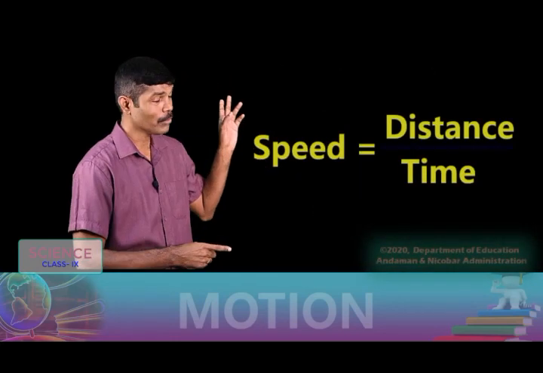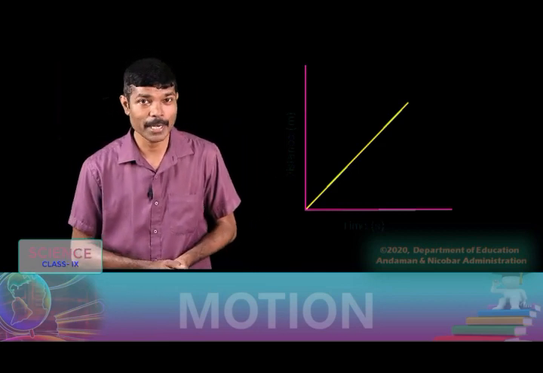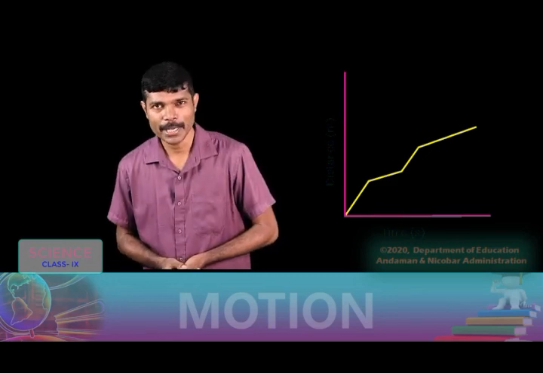Secondly, uniform speed is when an object covers equal distance in equal interval of time. Non-uniform speed is when an object covers equal distance in unequal interval of time, or unequal distances in equal interval of time.